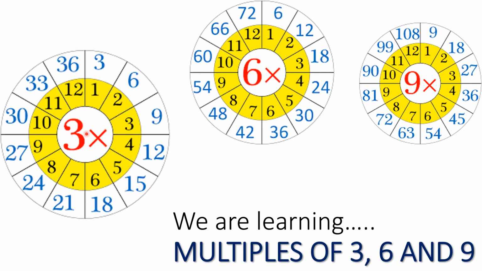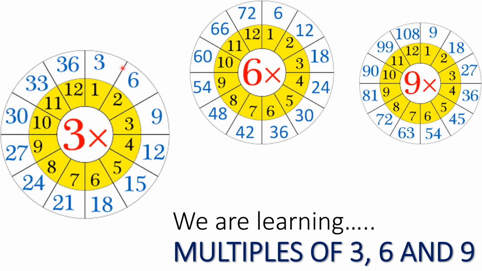Of 3, because we're multiplying numbers by 3 to have them. The ones in the white section written in blue are the multiples of 3.